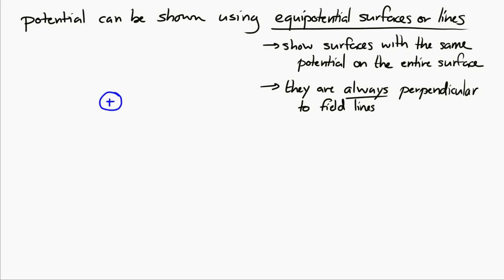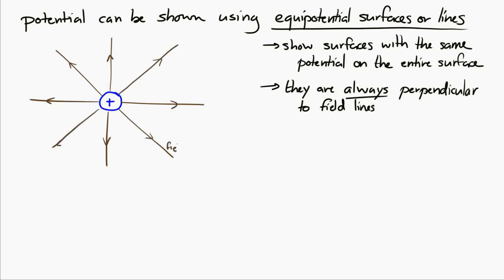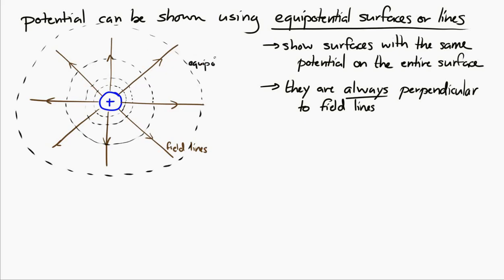So for example, let's say we have an isolated positive charge. The field lines point directly away from a positive charge. The equipotential surfaces around that isolated positive charge would look like this. An equipotential surface is a surface across which you have the same value of the potential on that surface.